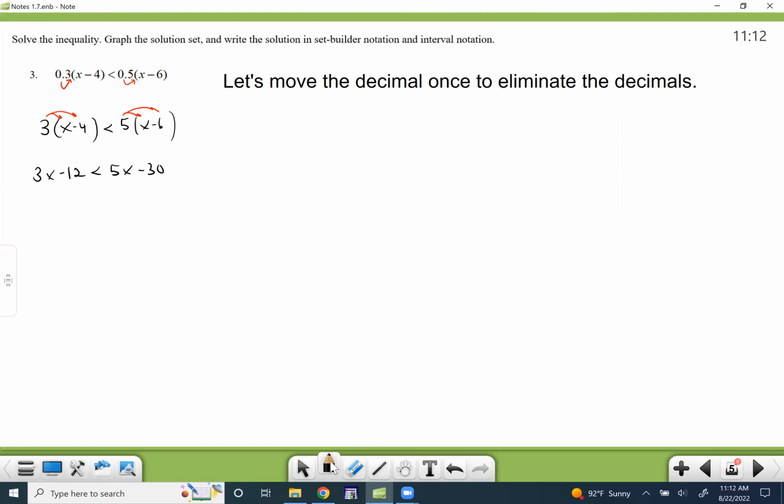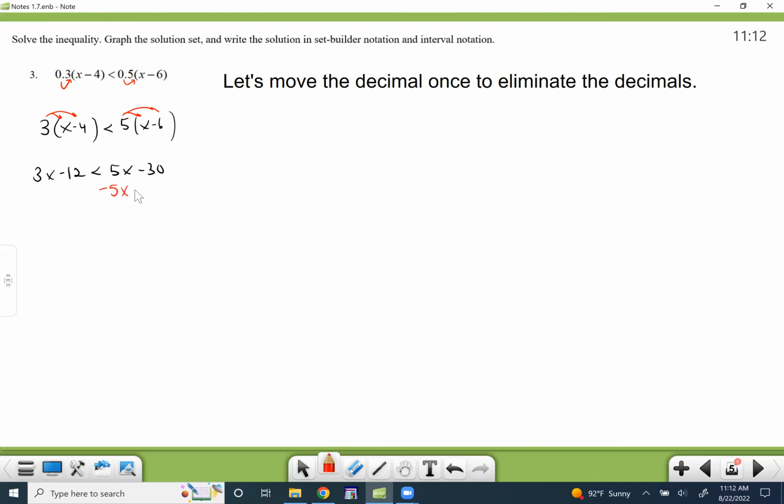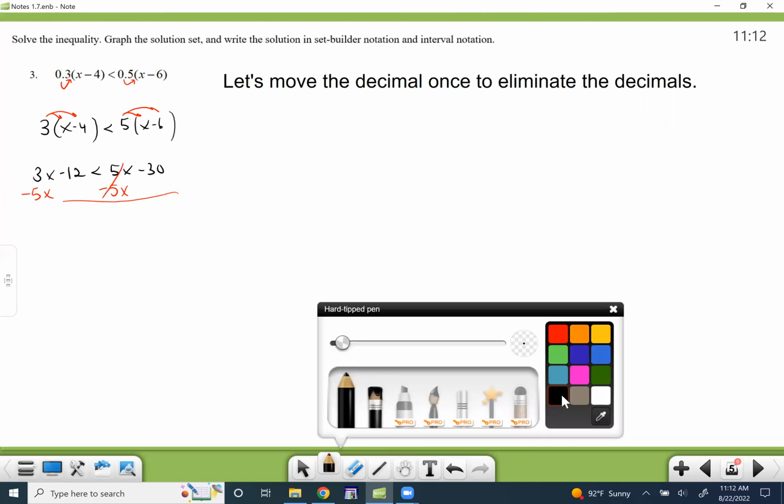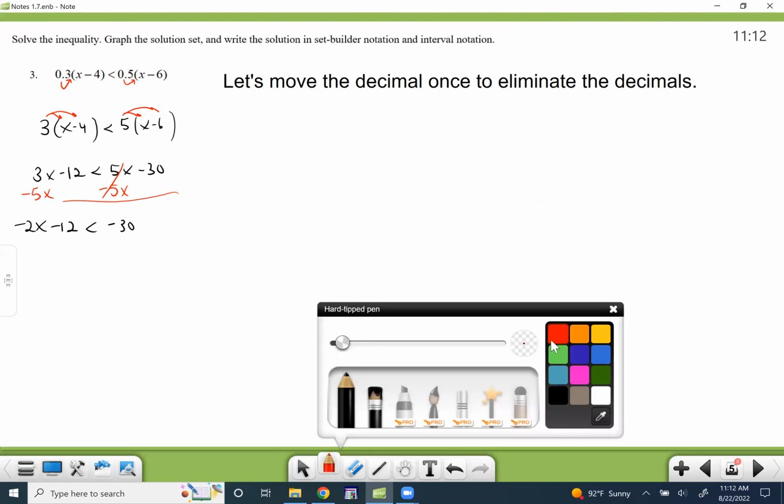And take your pick. You know, I don't care. Maybe I'll use the get the variable on the left technique just to keep you guys on your toes with the dividing by a negative thing. Okay. All right, so this is going to get us negative 2x. So I have my variable on the left-hand side. I'll add my 12.